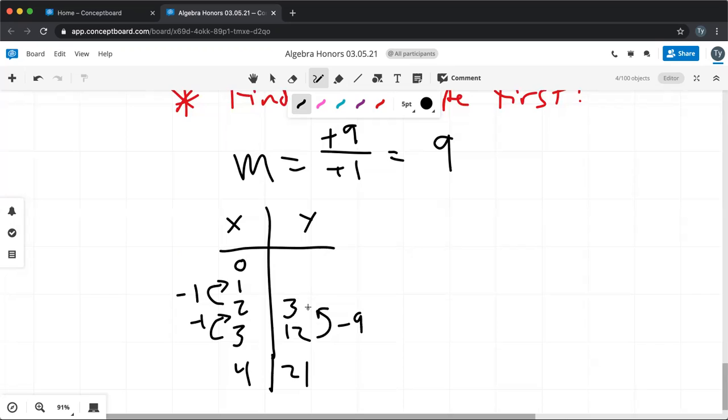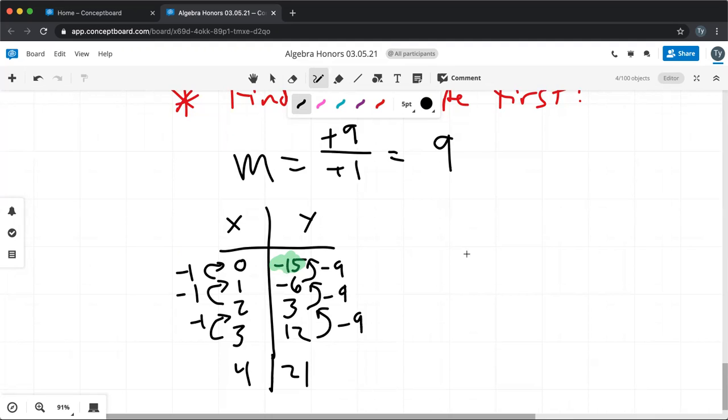We follow this pattern backwards again. 3 minus 9 is negative 6. All right, but that's for x equals 1. We want x equals 0. So this is the last time we'll have to do it. Negative 6 minus 9 gives us negative 15. And this value here is our y-intercept, because by definition, again, the y-intercept is the y value when we plug in x equals 0.